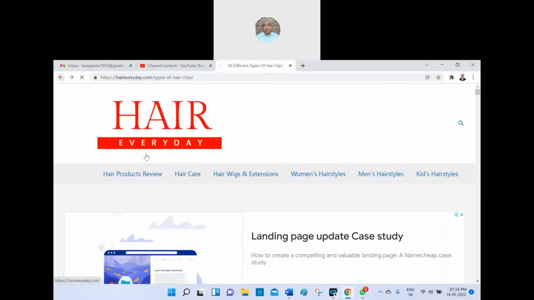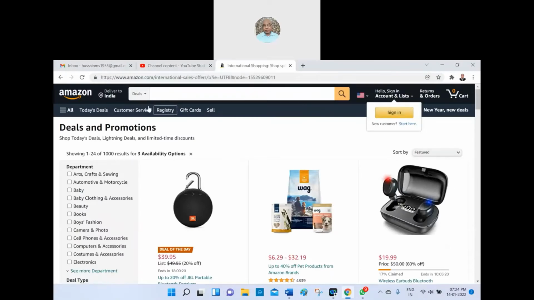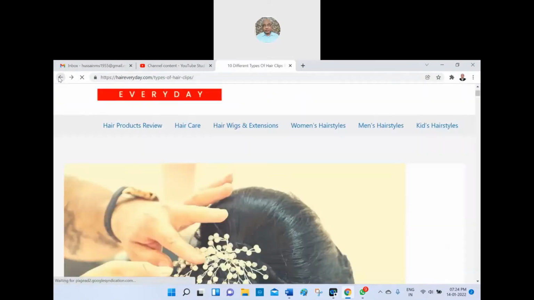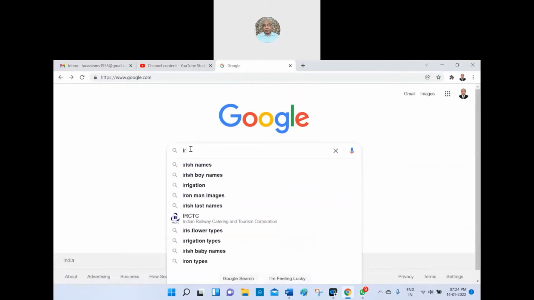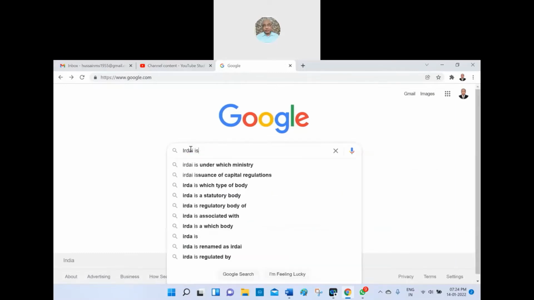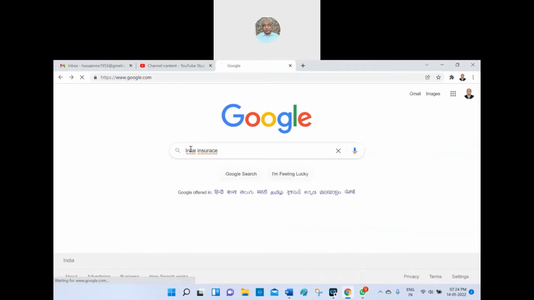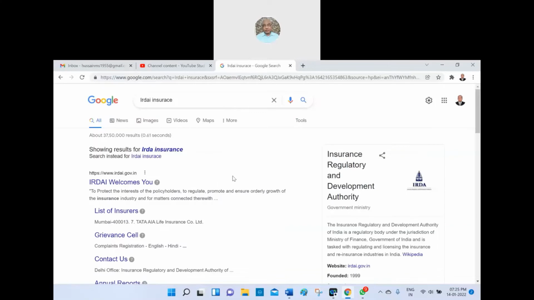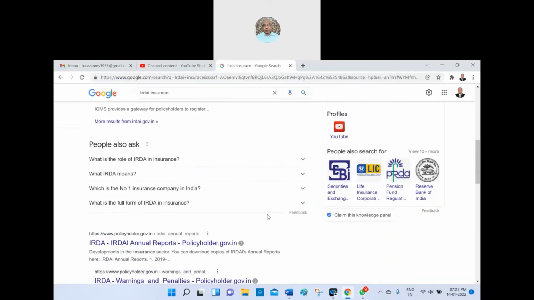IRDAI, the regulatory body. Insurance Regulatory authority. But I have a doubt. Development Authority, sir. This is development. Yes, you are right, it's the Development Authority.